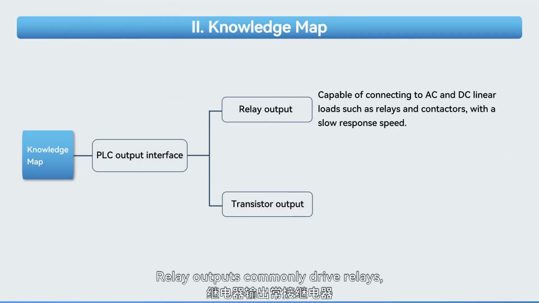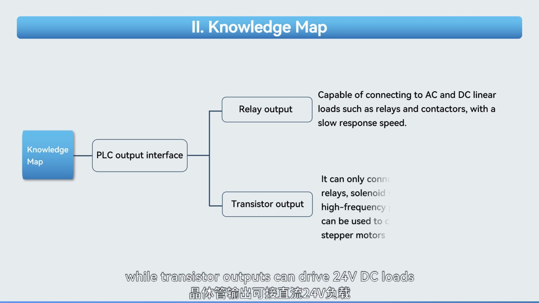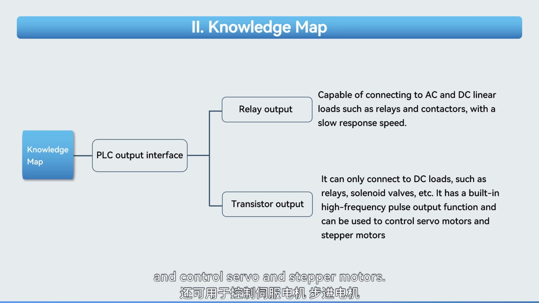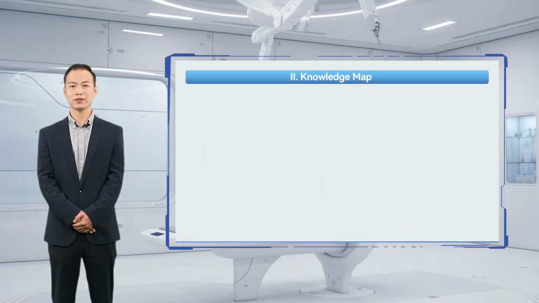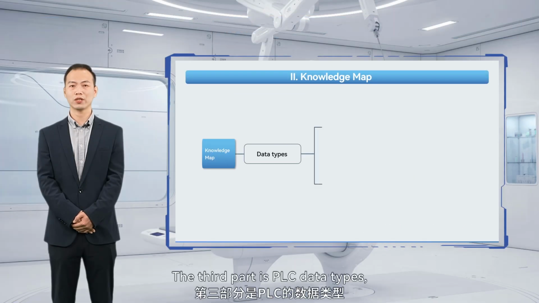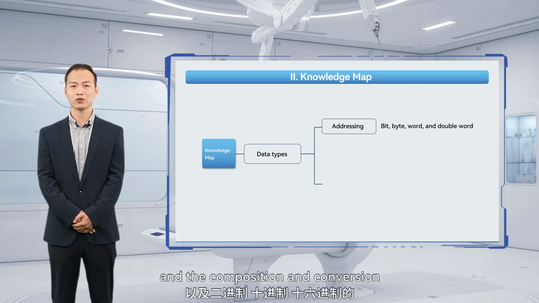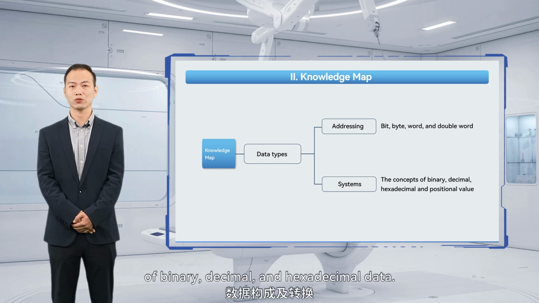Relay outputs commonly drive relays, solenoid valves, and contactors, while transistor outputs can drive 24 volts DC loads and control servo and stepper motors. The third part is PLC data types, requiring an understanding of PLC addressing modes and the composition and conversion of binary, decimal, and hexadecimal data.